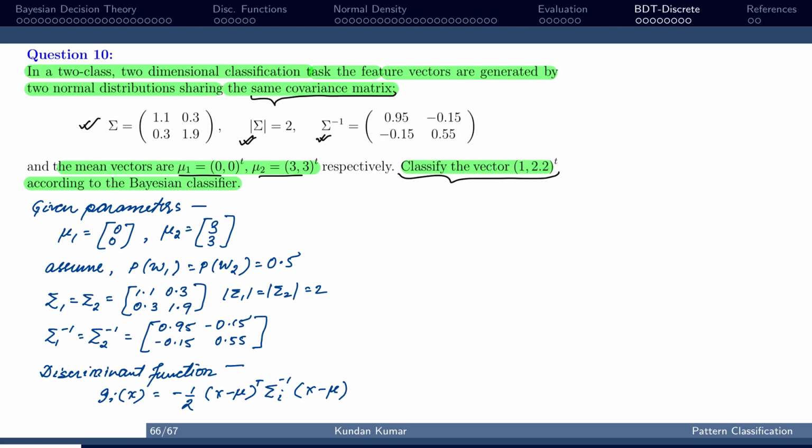Here we don't have the prior probability term, because the prior probabilities are equal, so it will not contribute anything to the decision, so it will not be in the discriminant function. So this is our discriminant function for this problem. So we will compute g_i(x) for this given vector. Okay, so let us compute.